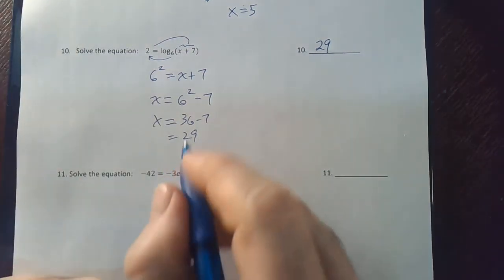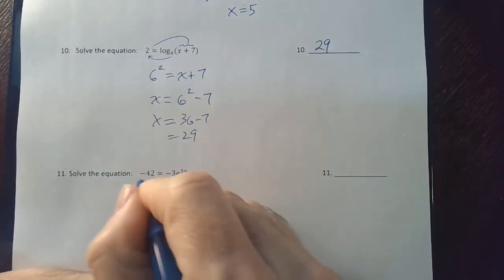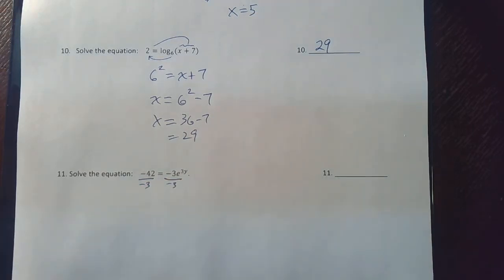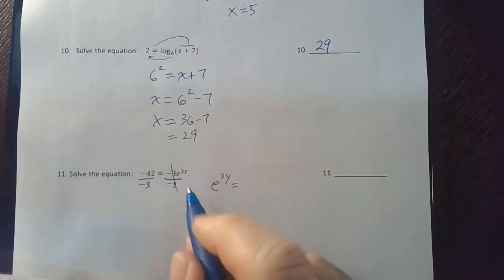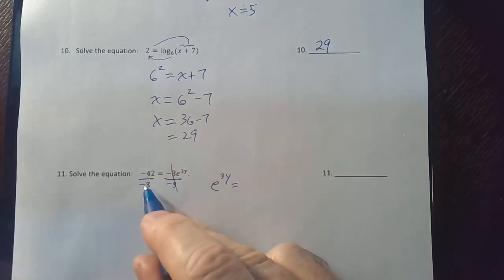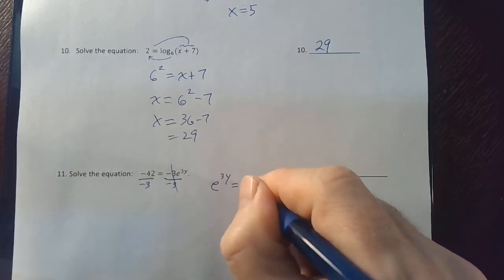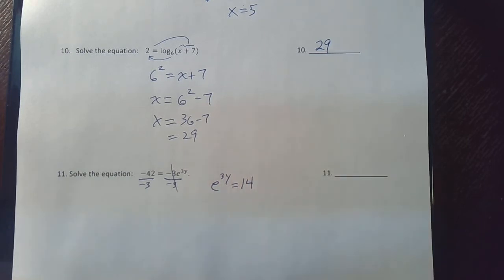So I need to get rid of that negative 3 by dividing both sides by negative 3. So that's going to cancel, and I'll get e to the 3y on that side. And let's see, it'll be positive, and 42 divided by 3 is 14.